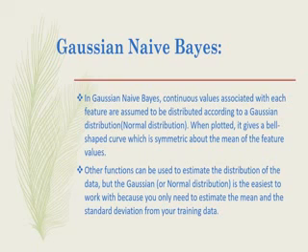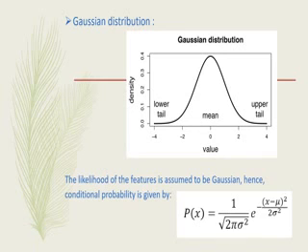Naive Bayes formula. The Bayes theorem provides a way of calculating posterior probability P of C given X from P of C, P of X and P of X given C. Look at the equation below.